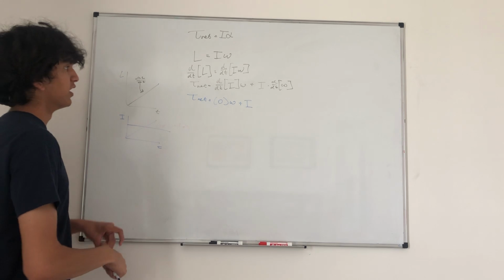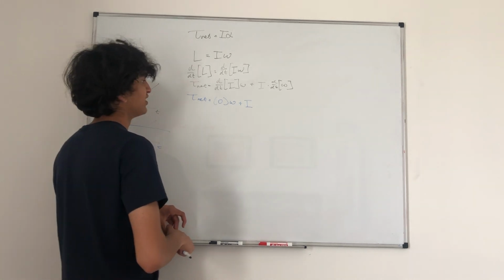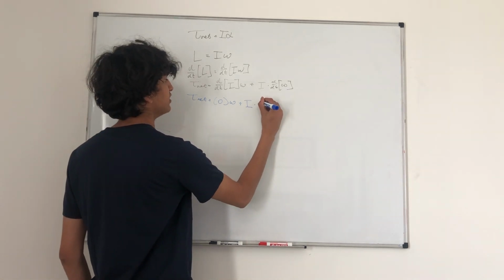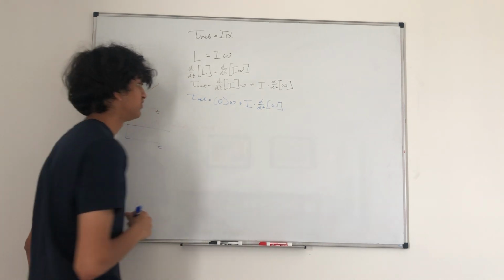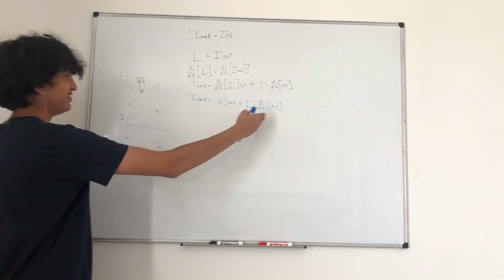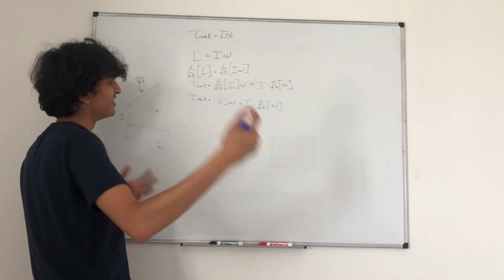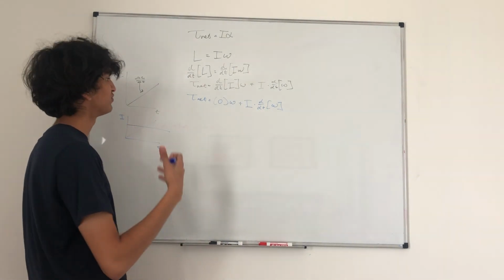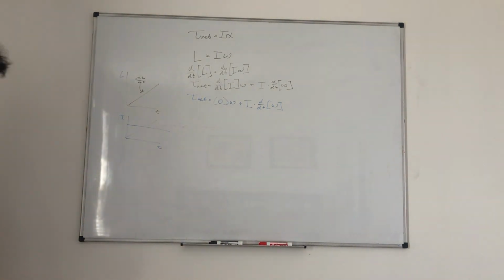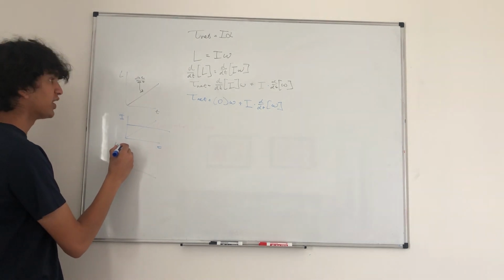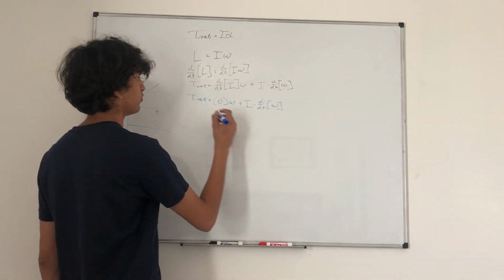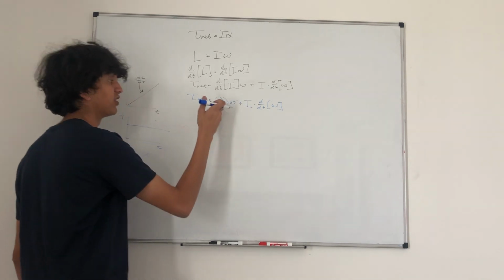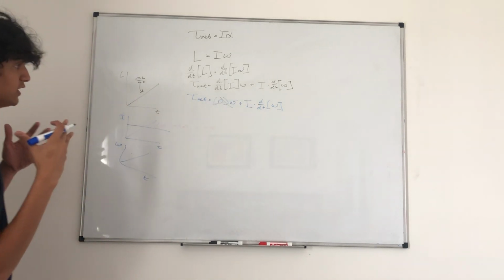Then we have just I times d over dt of omega. The derivative of omega with respect to time is just our angular acceleration. If we graph omega versus time, the slope is angular acceleration. So I can get rid of the first term entirely: zero times omega is just zero.